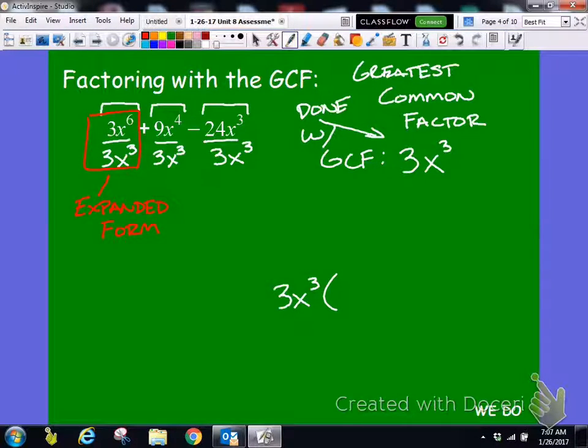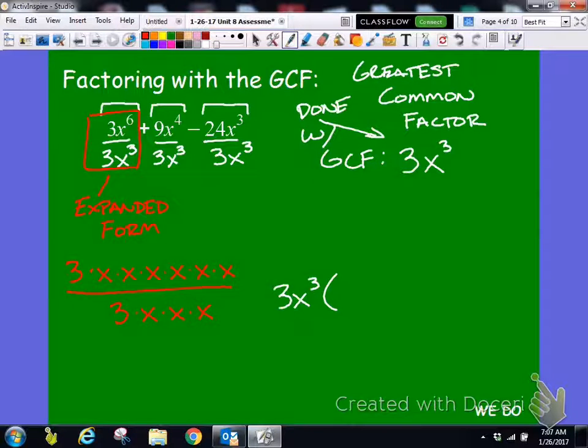The expanded form of the first term is 3 times x to the sixth, which is simply x times x times x, 6 times. 1, 2, 3, 4, 5, 6 x's. Divided by 3 times x times x times x, x cubed.